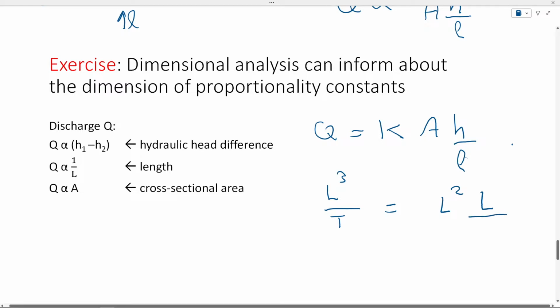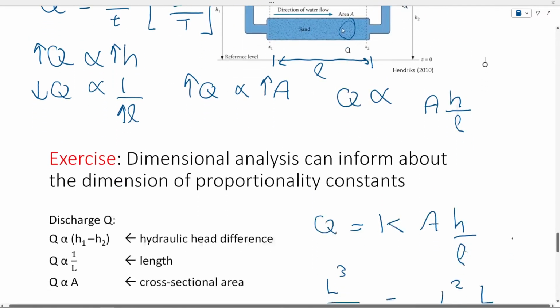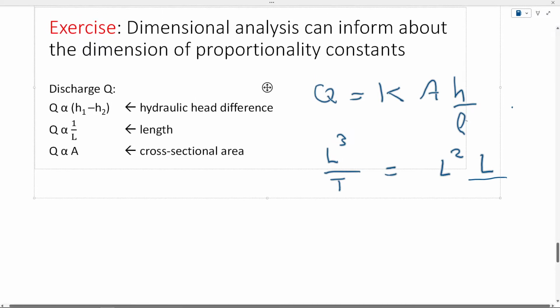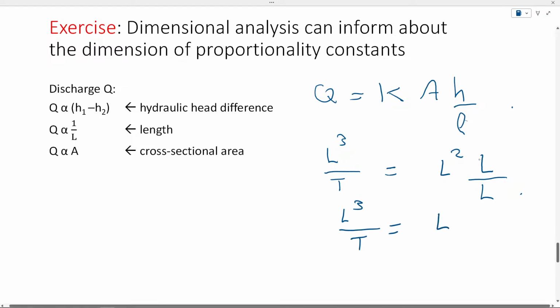And we know the length, this length here, which is also L. So what will be the unit of this proportionality constant K? Let's see here. We have L cubed over T equal to K times L squared. So that makes the unit of K equal to L over T.